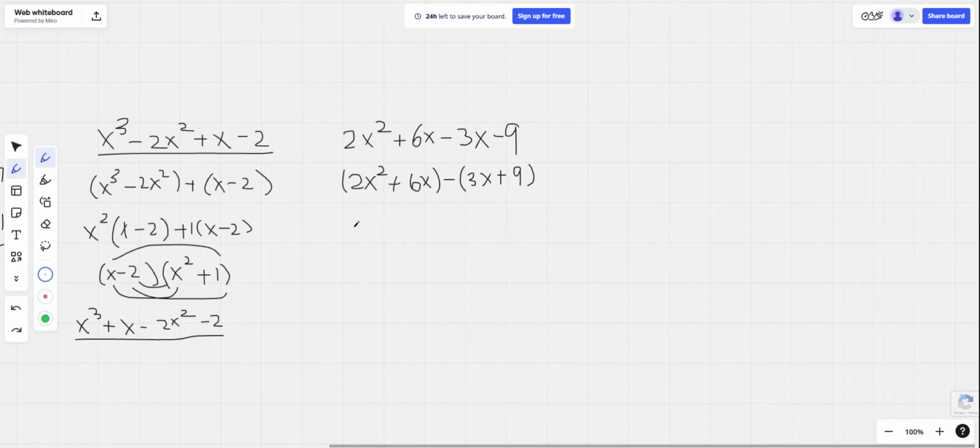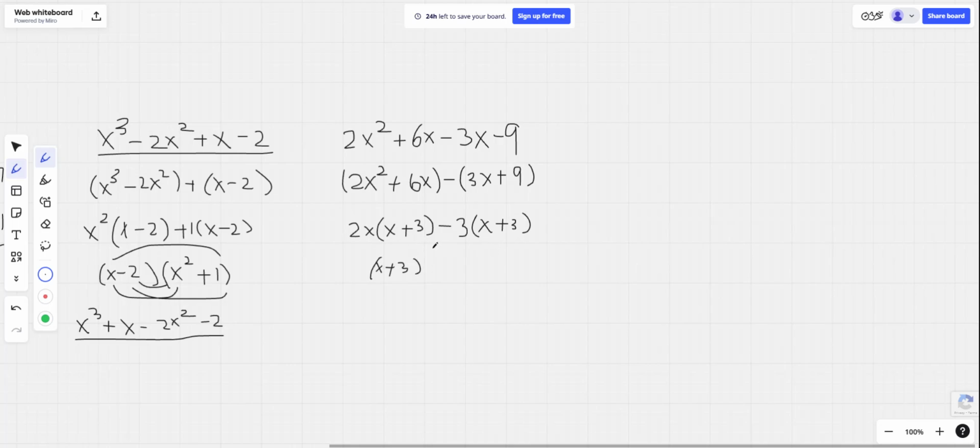So now let's do the factorization again. What goes into 2x squared and 6x at the same time? That would be 2x. Don't forget the x here. x plus 3, and then minus, and then what goes into both 3x and 9? That would be 3. And then you're left with x plus 3 as before. And so now x plus 3 is our common factor.